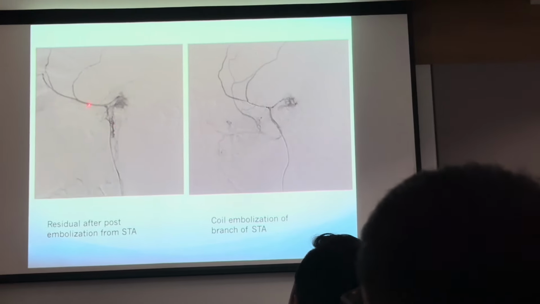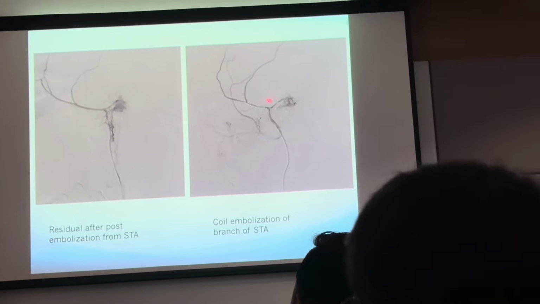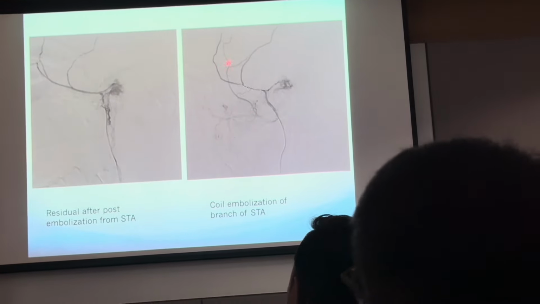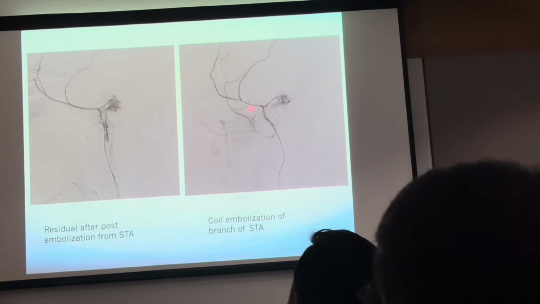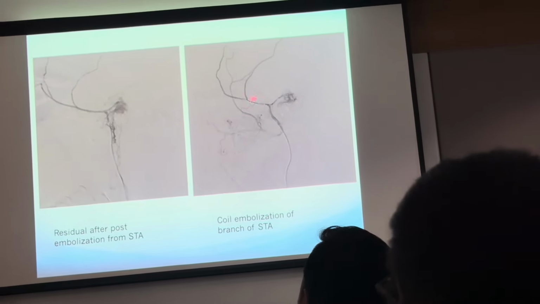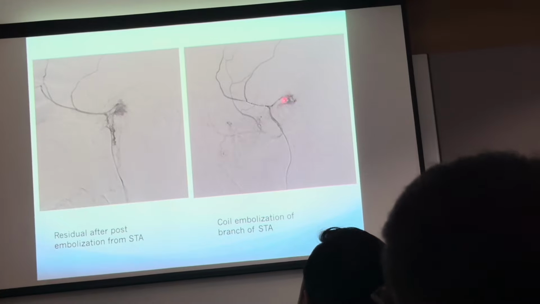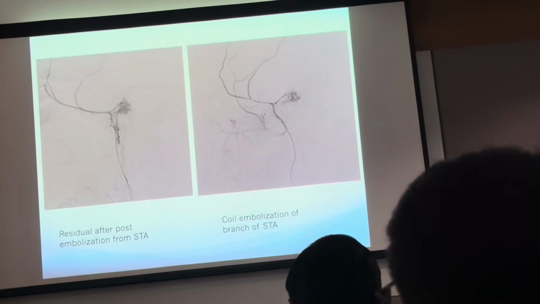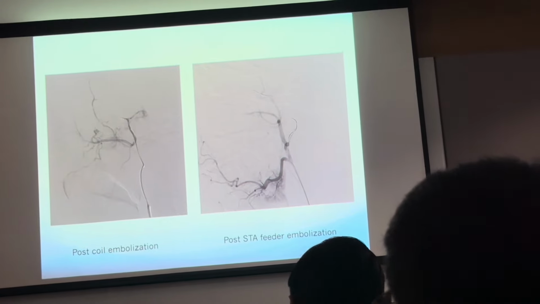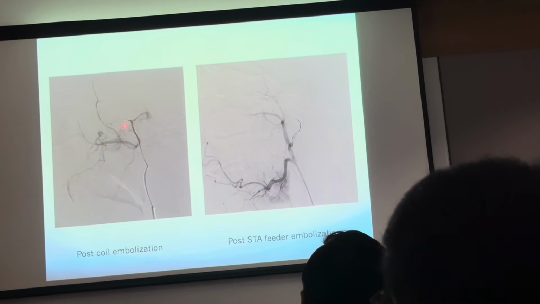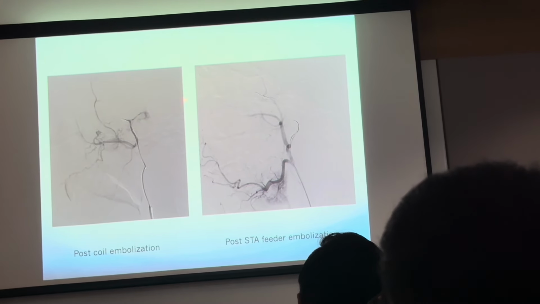If you put a coil here, these branches will somehow get flow from the other collaterals. But after putting the coil here, once I start putting embolic material, because of the coils, it will not go in this direction. It will only go to the area of interest and embolize this. So these are some modified techniques which we have to follow. In this case also, we have put a coil here and the contrast goes in this direction.